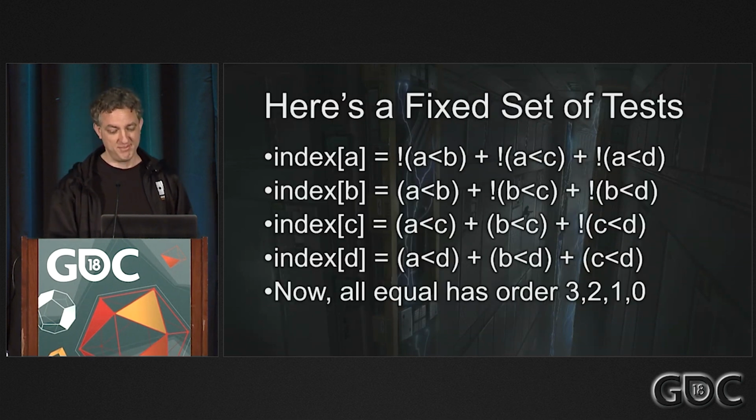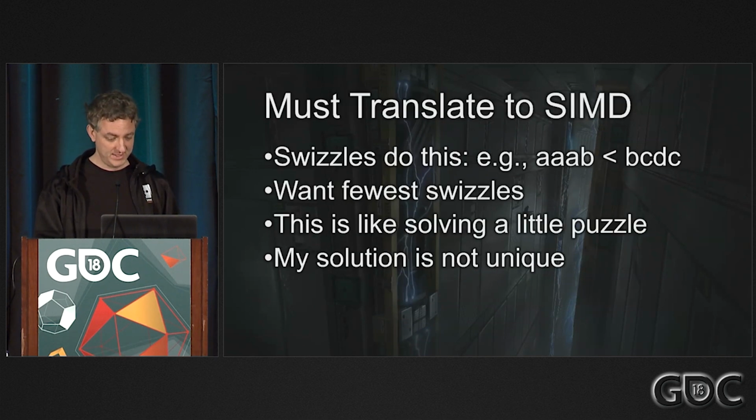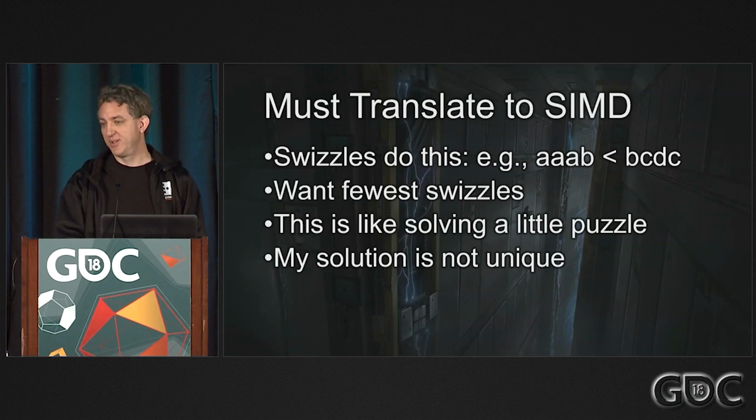And so here's my solution to do 6 tests. There are 24 possible solutions that correspond to different permutations of the all equal case. This gives 3, 2, 1, 0. So we're now going to translate this into SIMD. We are going to do this using swizzles.